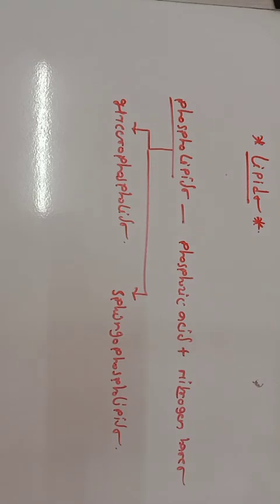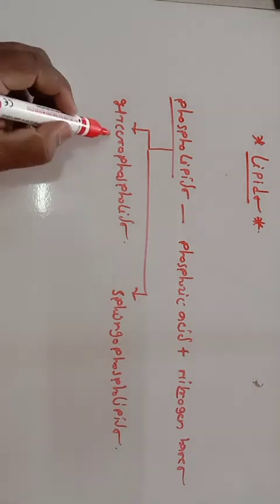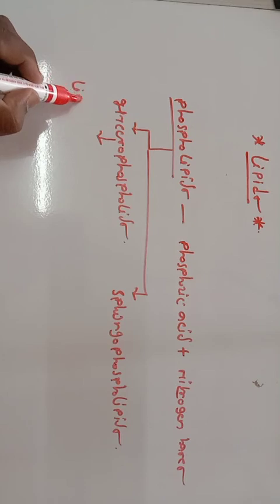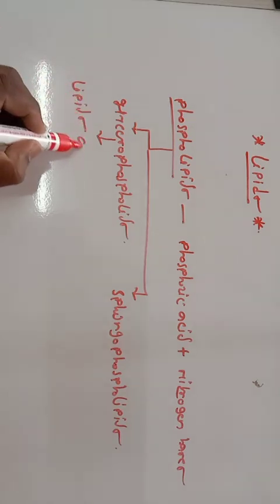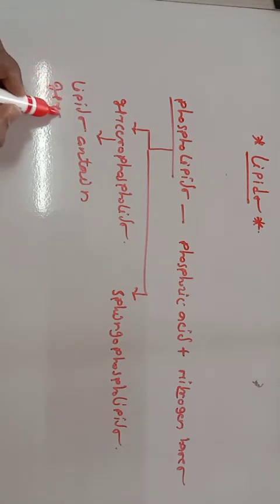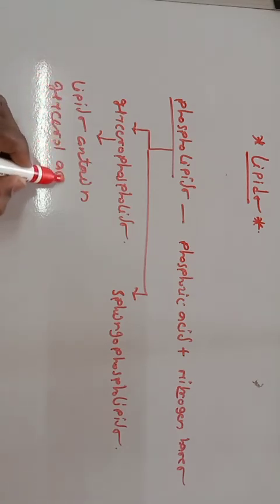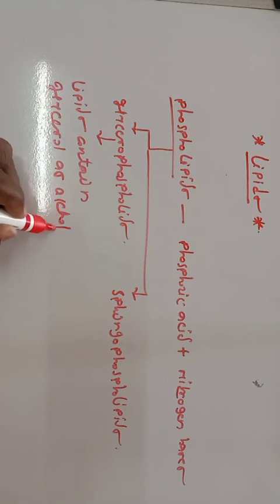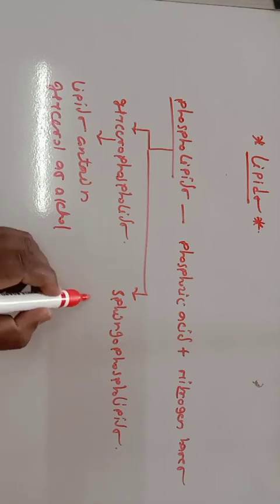Glycero means the lipids contain glycerol as an alcohol. And in sphingophospholipids, sphingosine is the alcohol.